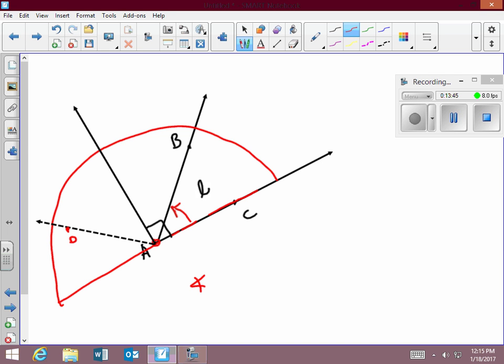The angle CAD, that's obtuse. Anything over 90, what's the upper limit? Above 90, less than 180. And then there's a straight angle, and that's going to be an angle right out here. That's 180. So if I did the angle CAE, that's a straight angle.